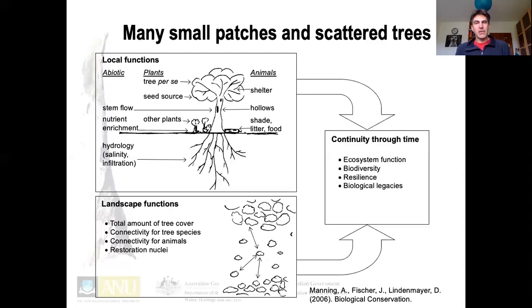And that means that you have this unique opportunity to also still have the original genetic material prior to intensive human use left in the landscape as potential restoration nuclei for the future. So that also gives us the possibility of using these so-called biological legacies for some continuity through time.